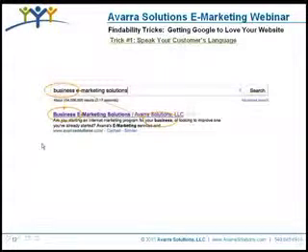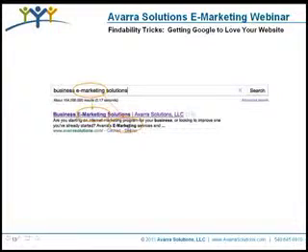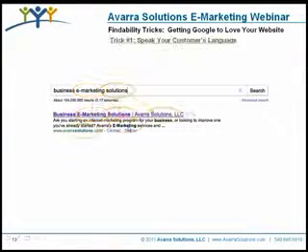It's also found in my page description. Then we have e-marketing. It's found in my page title and also in the description. And then the word solutions, again, it's in my company name, it's in my page title, and it's in my domain name. So clearly the more words you use that are being used by your customers when they're searching for you, the more likely your website is going to come up in the search results.